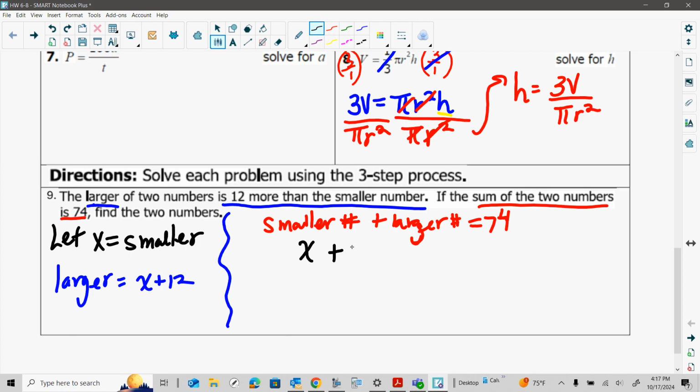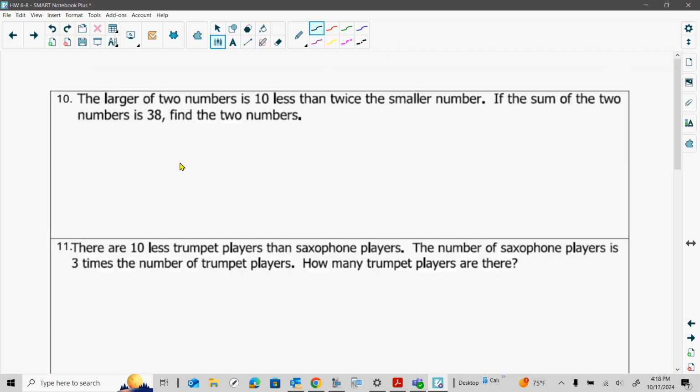So x plus the x plus 12 equals the 74. And now we're solving, by combining like terms, we got 2x plus 12 equals 74. So I just need you to finish that. You have some more on the back, some more numbers on number 10.